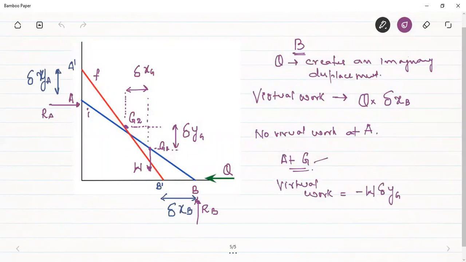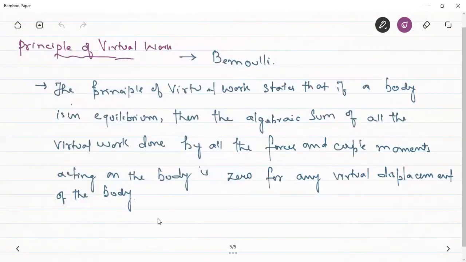Therefore, from the principle of virtual work, du should be zero. In fact, we are going to write delta u for the virtual work and du for the real work.